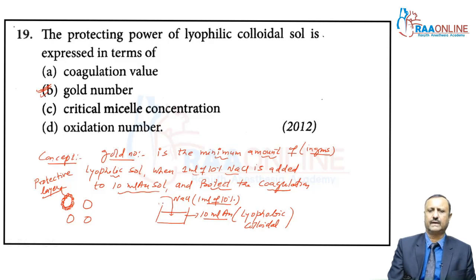But if you further add the lyophilic sol, the lyophilic sol is adsorbed on this lyophobic, here this is the gold, and protects the gold sol from the 1 milliliter of 10% NaCl. So that amount, which you calculate in grams, is called the gold number.